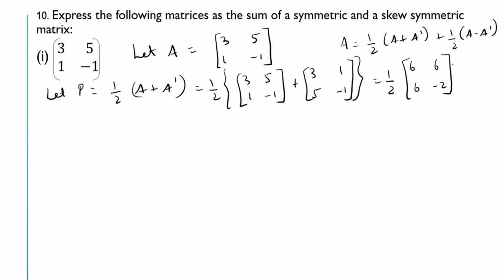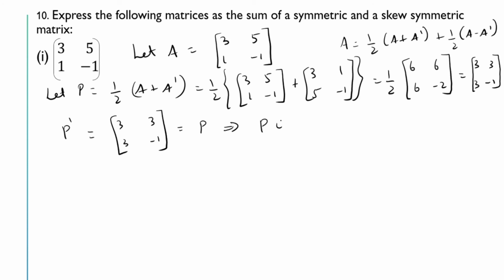So this is equal to 3, 3, 3, minus 1. So if we take the transpose of P, it will be 3, 3, 3 minus 1, which is equal to P, which means P is symmetric.